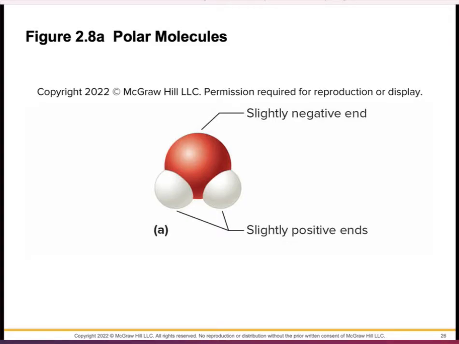In water, the oxygen region has a slightly negative charge, okay? Slightly negative charge. The region of the two hydrogen atoms has a slightly positive charge. The opposing electrical charges of the molecule are going to pull that mass in such a way that it creates a shape somewhat like a triangular tent, okay? Look at the triangular tent here. With the positive charges at one end that are formed by the hydrogen atoms, those are going to be at the bottom of the tent.